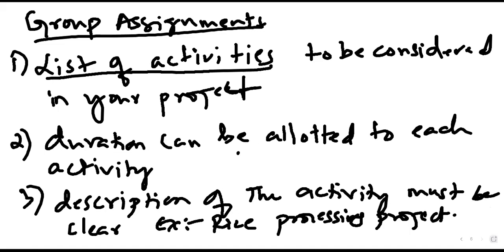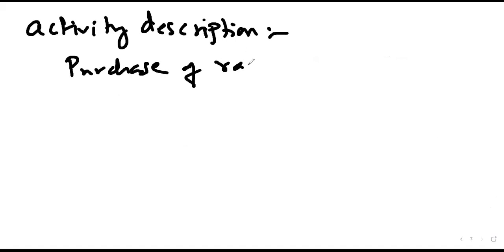All right. So rice processing project. Let us assume that rice processing project is there. So the activity description must be not just "purchase raw material". I don't expect this.